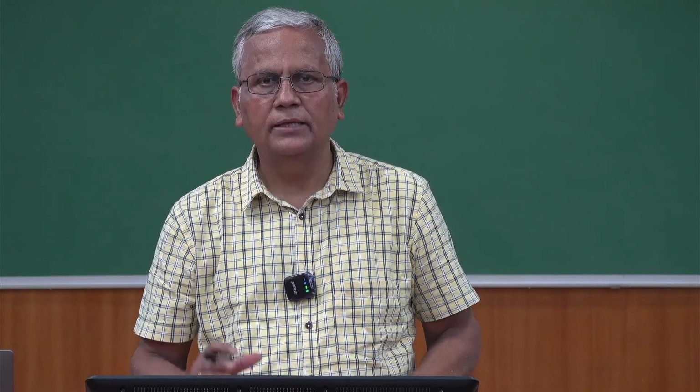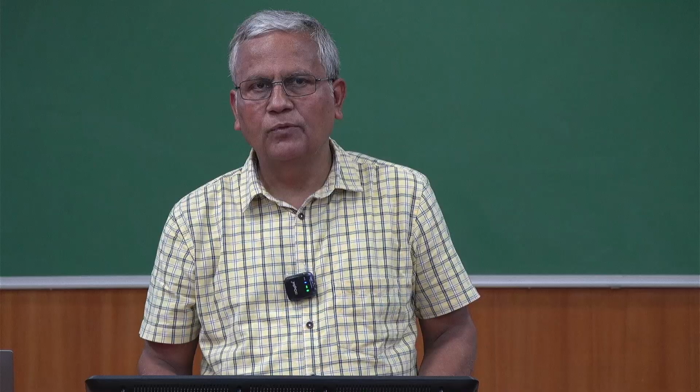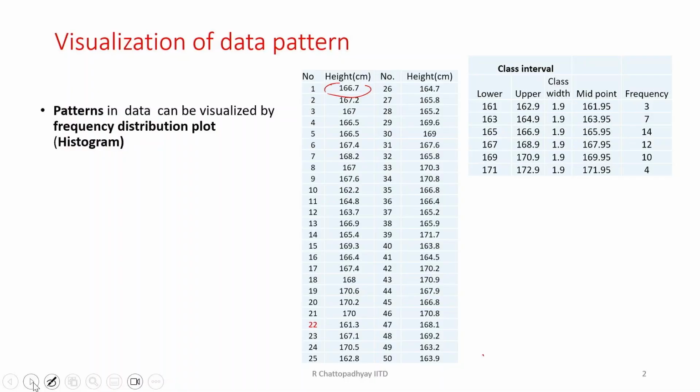First of all, we have to go for a frequency distribution, and then that data can be plotted in the form of a histogram. So if we want to go for a frequency distribution of the data that you see in the table, this is the frequency distribution table of the same data.